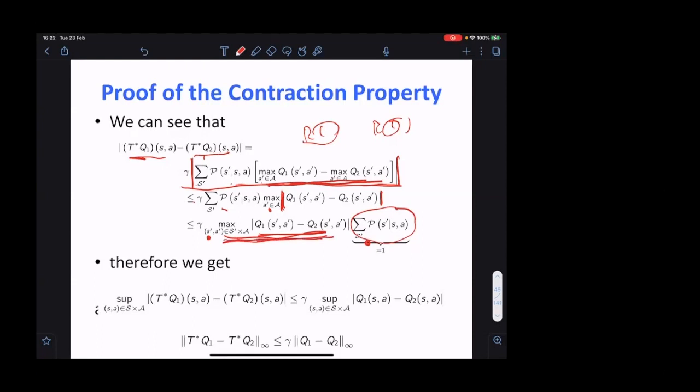And this one has a state, and therefore the summation is 1, and then you reach that equality. Then you take the maximum over here, and you get the gamma contraction condition.